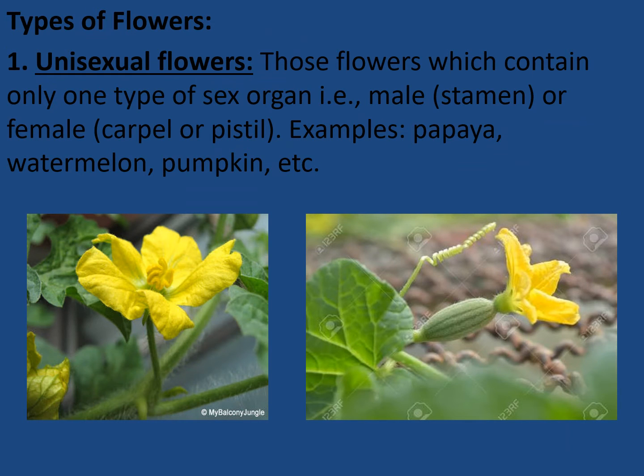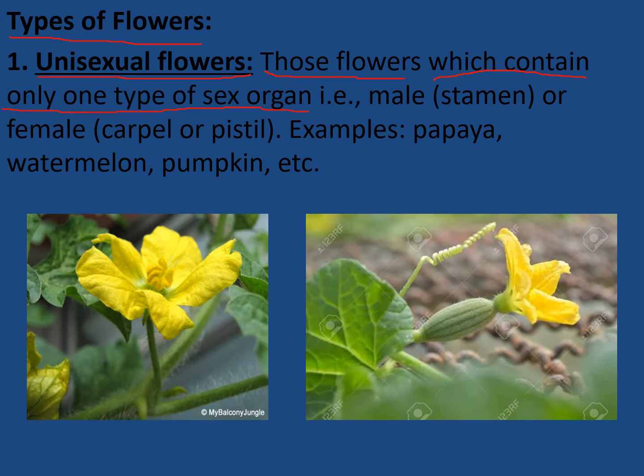See, look here, we are going to this page, the first type of the flower. Flowers are divided into two types. One is known as the unisexual flower. What is a unisexual flower? Those flowers which contain only one type of sex organ.